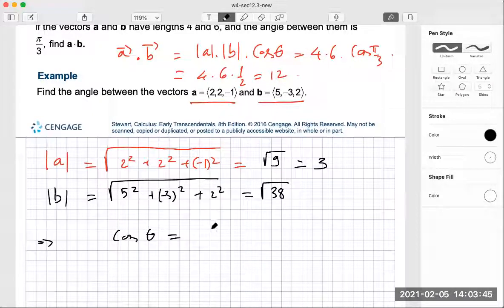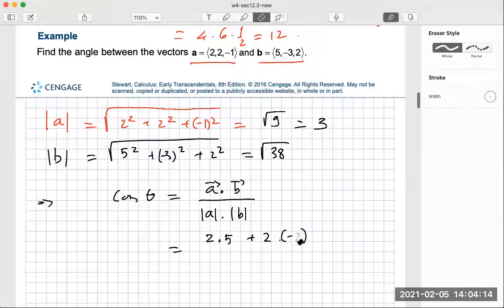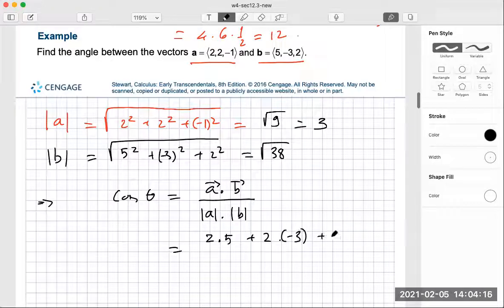Therefore, cosine theta will be A times B divided by magnitude of A times magnitude of B. And A times B will be like this, right?